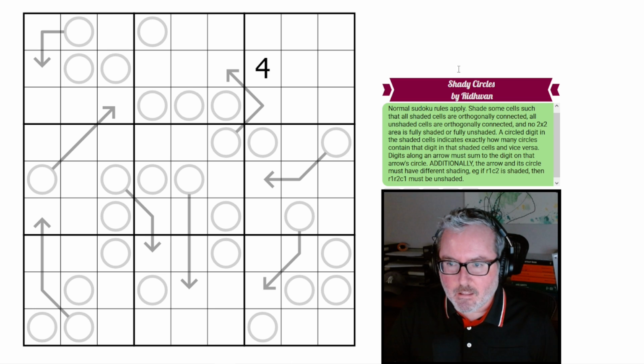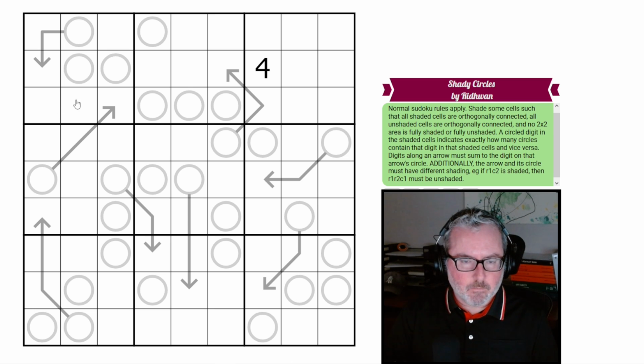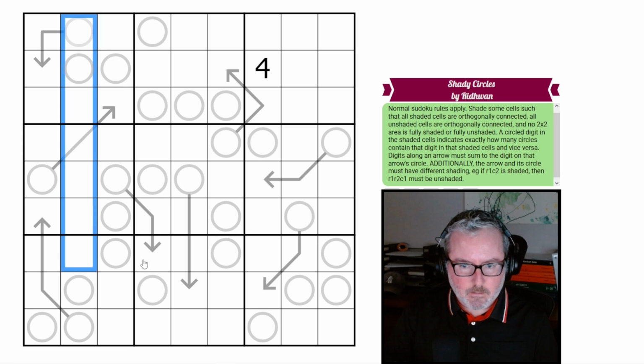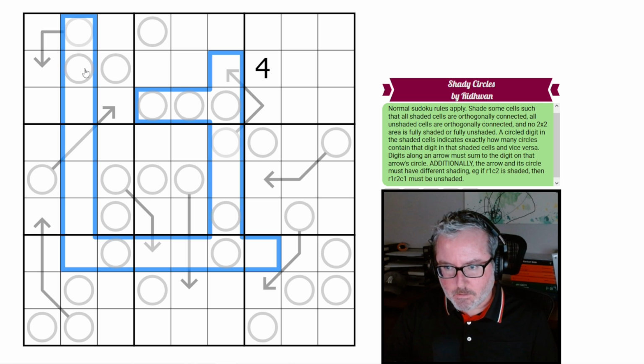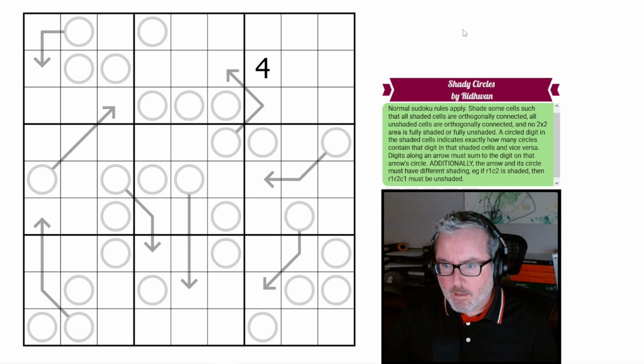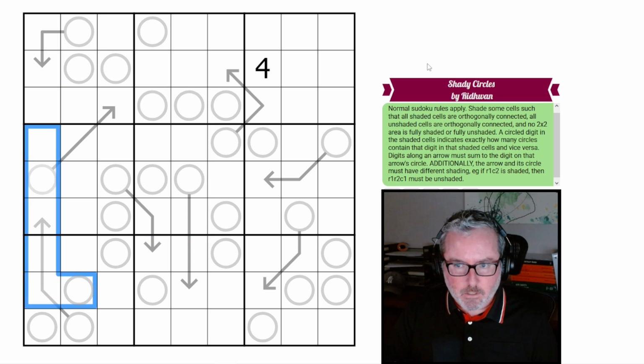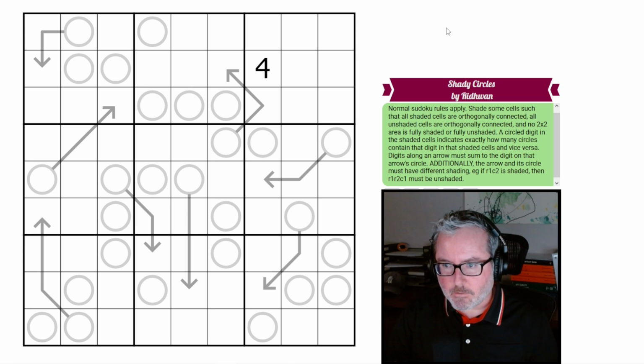I think that should say the shaded cells, but my understanding would be that, again, let's say something like this, if this is shaded and this circle is a 4, it means that there would have to be 4 total circles in the shaded regions that have the digit 4. So that's the concept. It's kind of like counting circles. And that'll also apply to unshaded areas, the same concept, just vice versa.